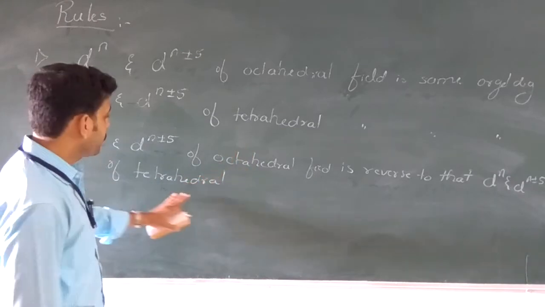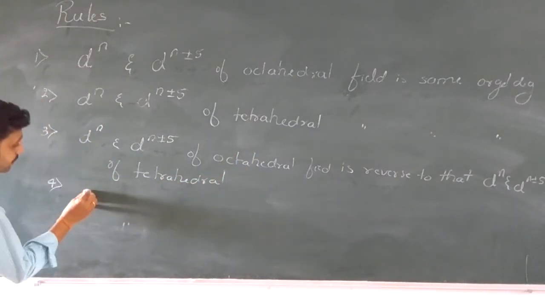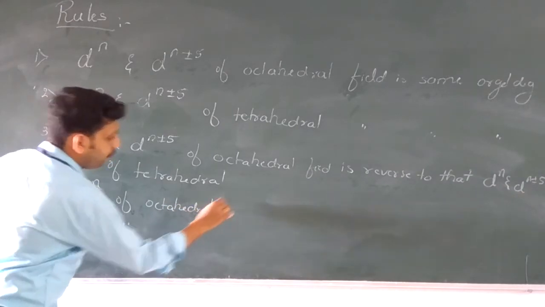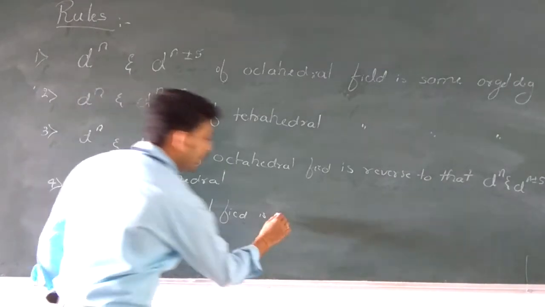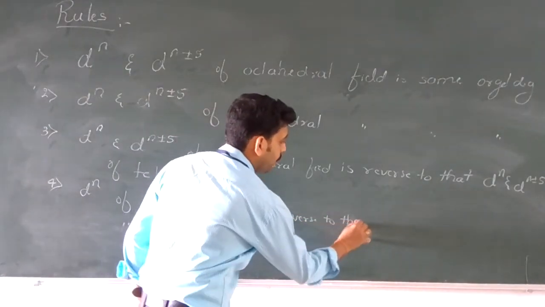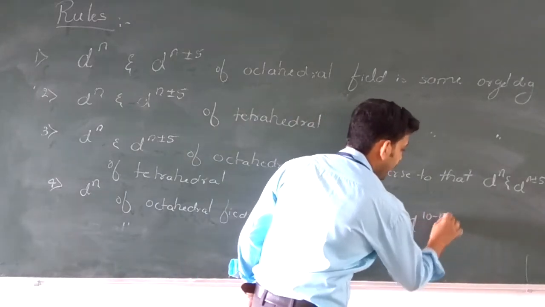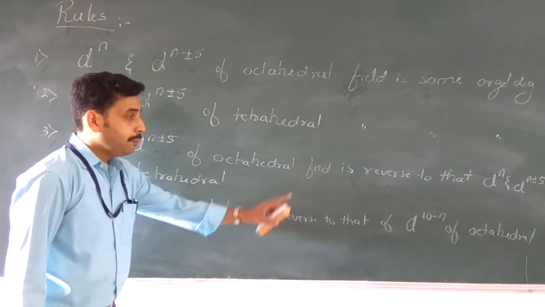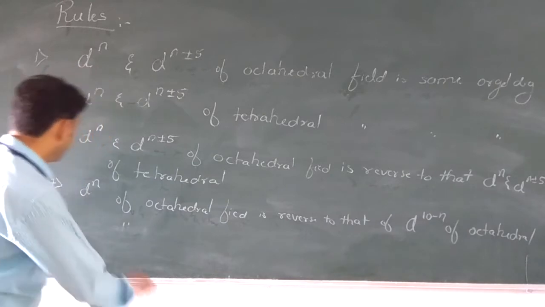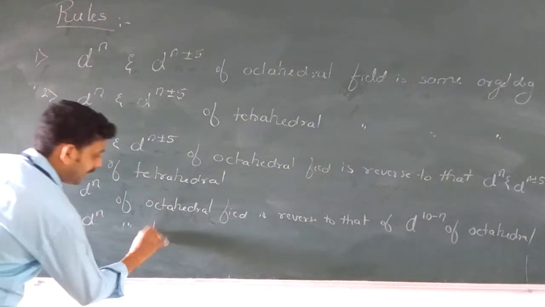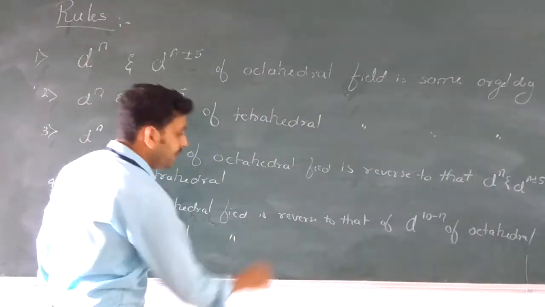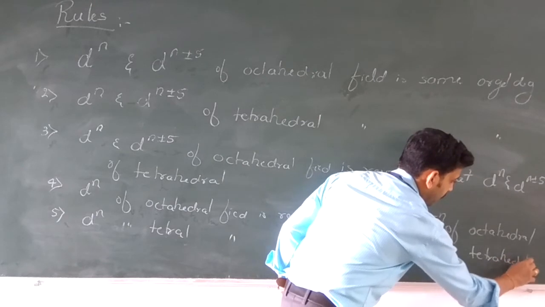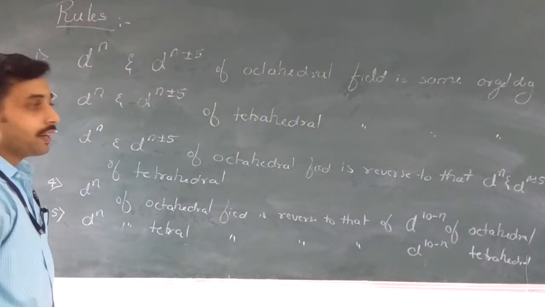The fourth one: dn of octahedral geometry or octahedral field is the reverse of d(10 minus n) of octahedral geometry. dn and d(10 minus n) have reverse energy diagrams. The fifth one: dn of tetrahedral field is the reverse of d(10 minus n) of tetrahedral geometry.